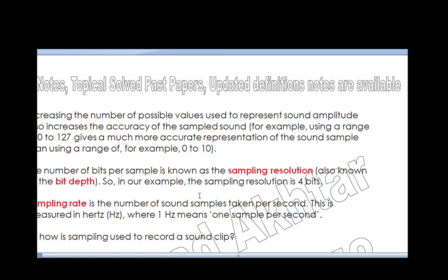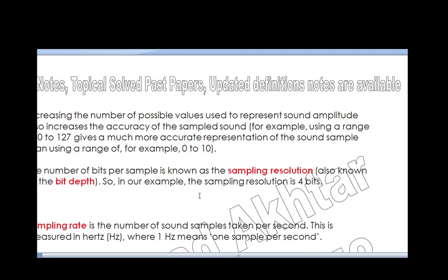Let me justify it more for you. Let's suppose we talk about the sampling resolution. For one sample, the formula would be like this: number of bits is called sampling resolution.